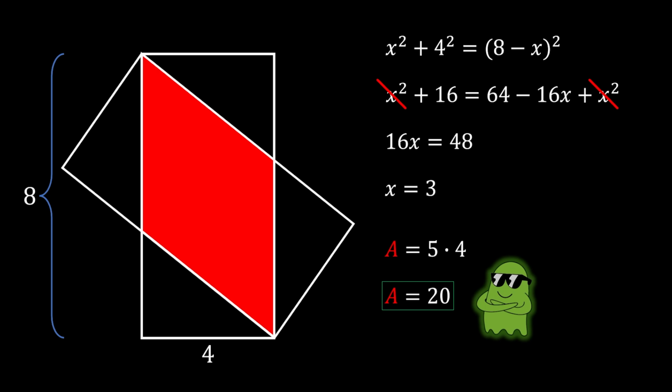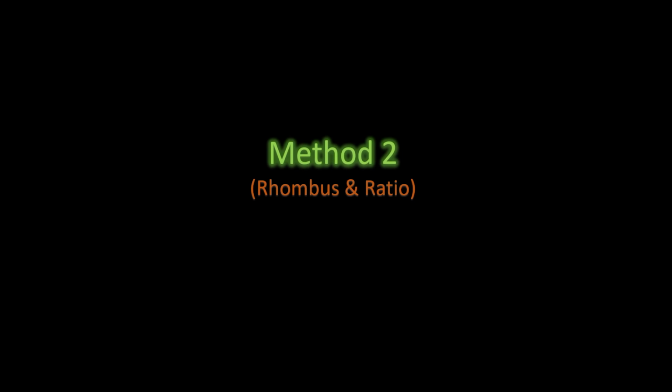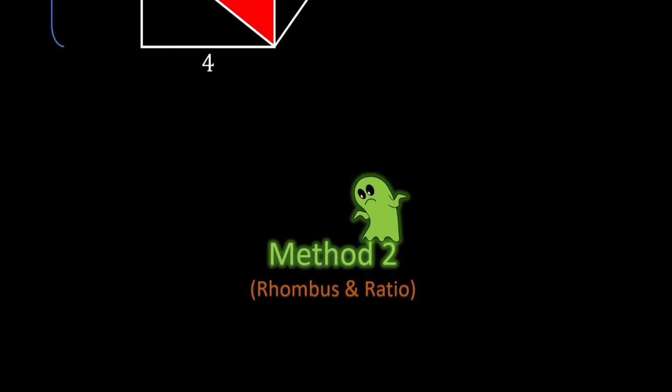Alright, so now let's solve this problem by using the second method of using a rhombus and ratio. In this method, we will start with the fact that we already know that these two blue triangles are congruent, since we have proven this in our previous method. But due to the symmetry of the figure, this means that the other two triangles are also congruent.